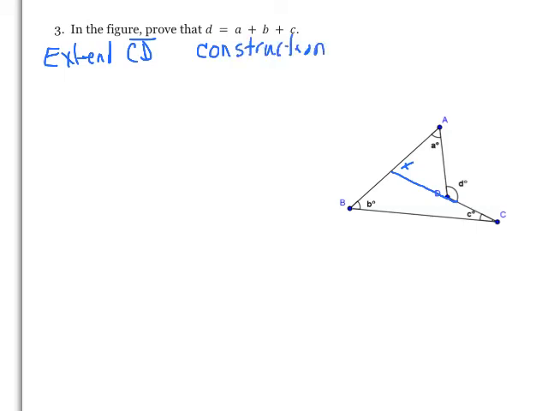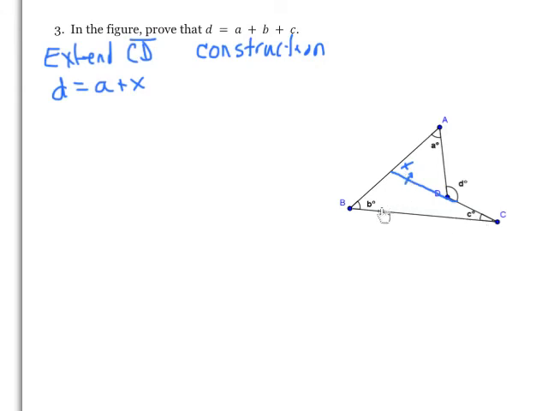Okay. So now that we have this, we can do a couple of things here. We have angle D is now an exterior angle to this little triangle. So D is equal to the sum of A plus X. So D is equal to A plus X. And then if you look at it, X is exterior to this triangle.